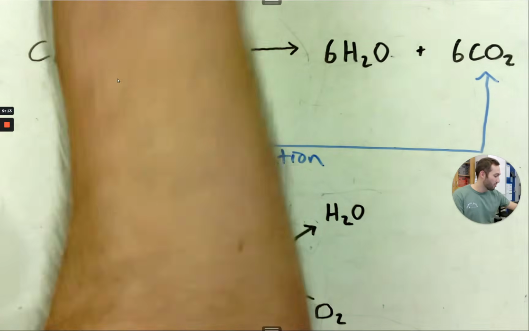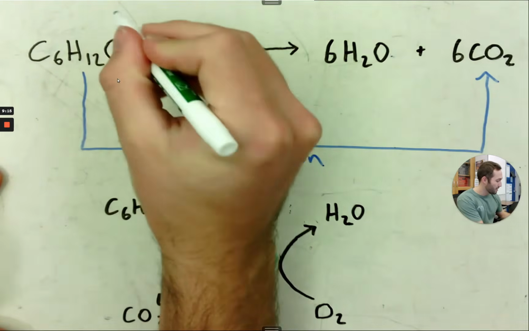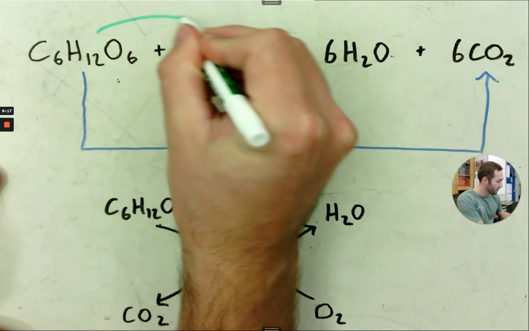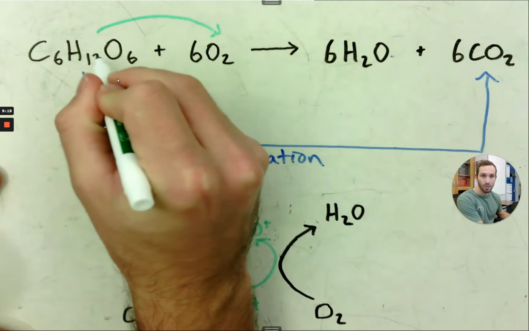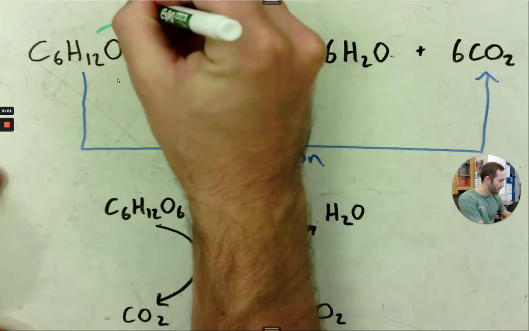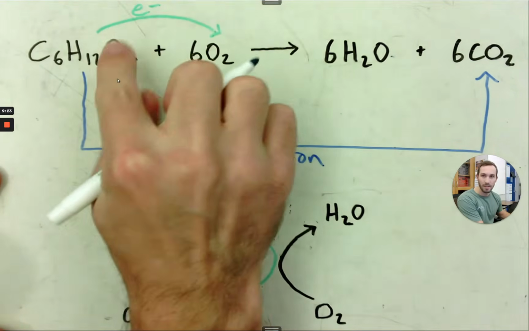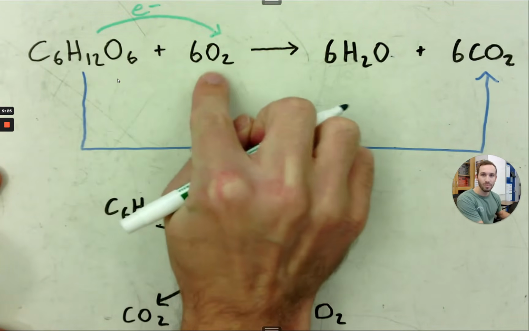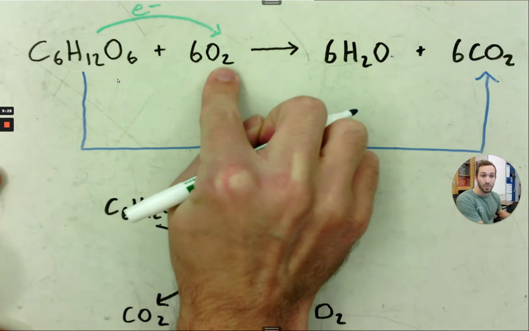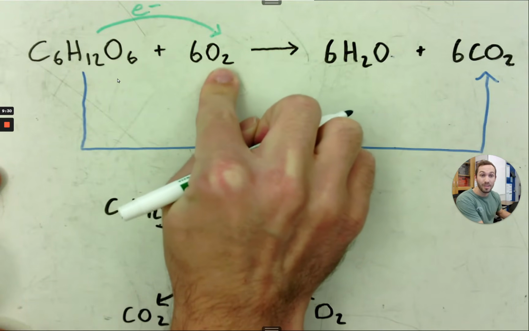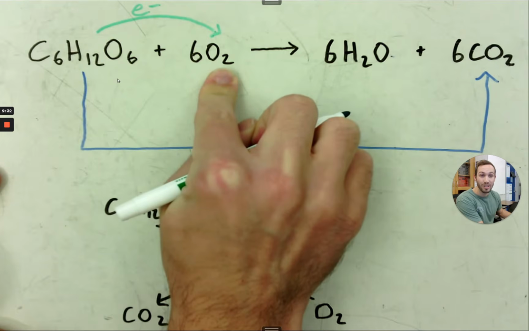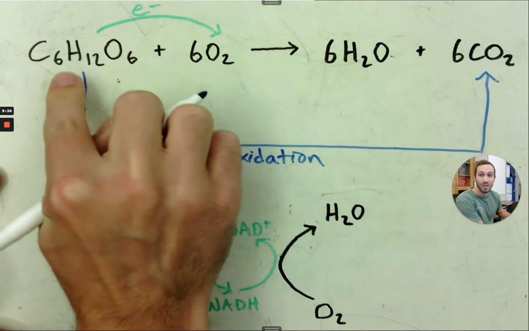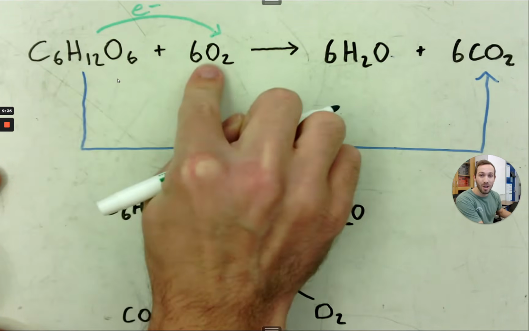And so I'm actually going to draw this up here. What we're going to see is a movement of electrons from glucose to oxygen. We're going to see a bunch of electrons being taken from glucose, ultimately given to oxygen. That's literally what's going to happen during cell respiration in a very complicated way. Electrons are going to start from glucose, and we're going to give them to oxygen.